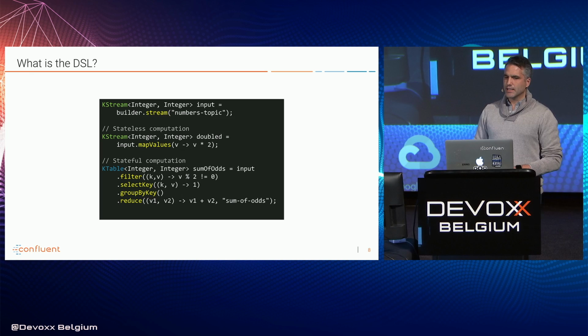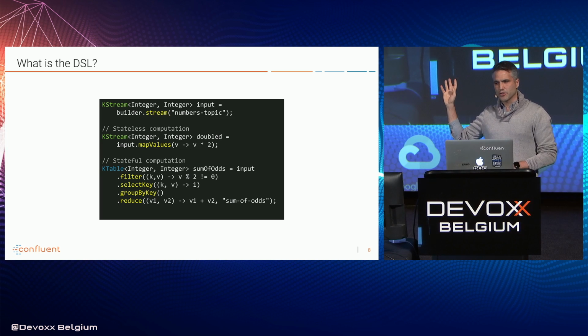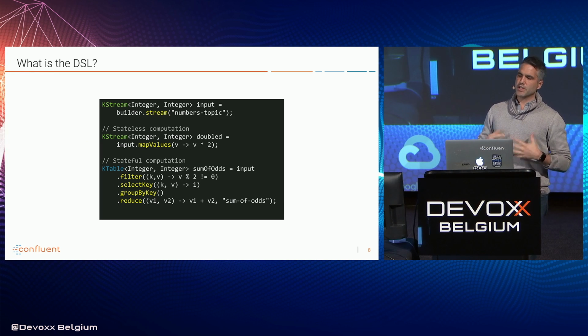So this is what an example of the DSL looks like. There's not going to be much code. This is one of the two, I think, examples in the presentation, so don't be concerned. So at the top, you can see we're constructing a Kafka Stream instance from a topic. We're running what we call a stateless computation on it. That means that the processing in this node doesn't acquire state.